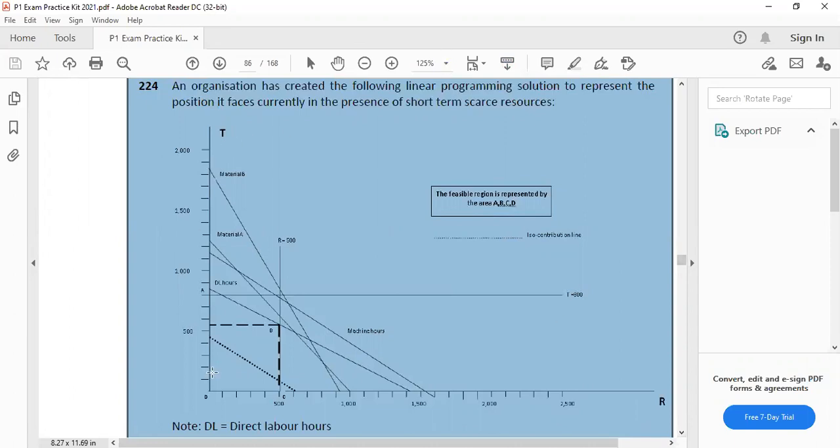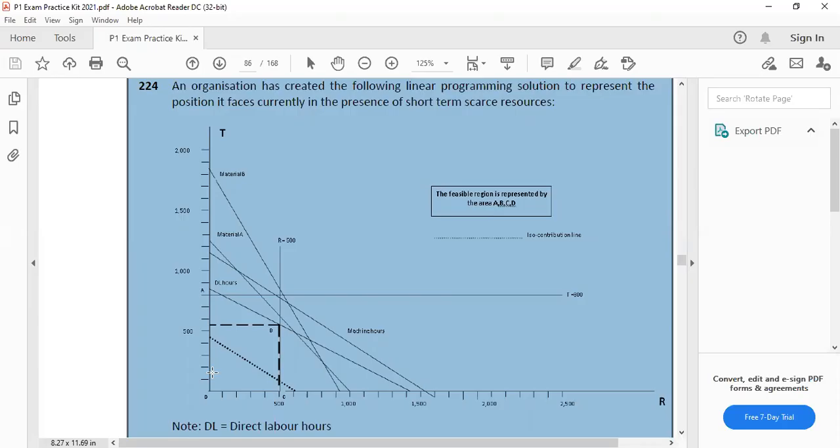See, this is a graphical presentation of linear programming. As many constraints as there are, each constraint is equated to the availability and that is plotted on the graph. When the constraints are plotted, depending on the situation, whether it is less than or more than, that aspect has to be looked into.